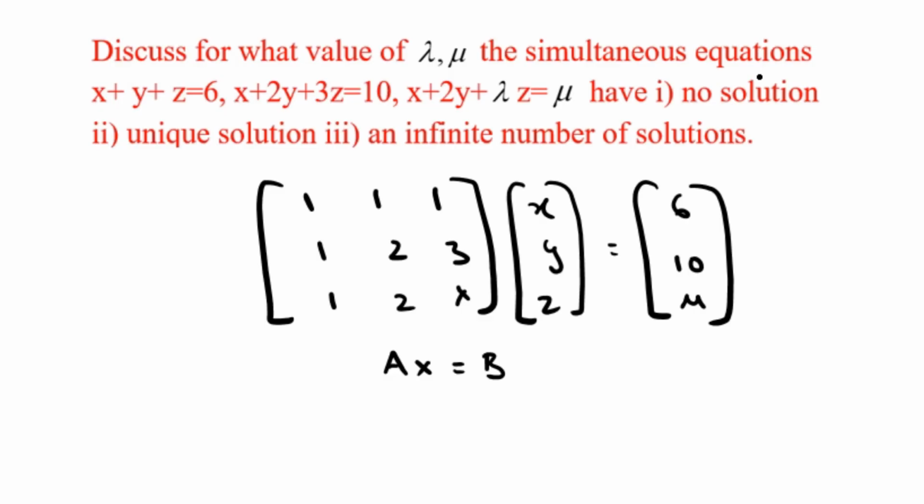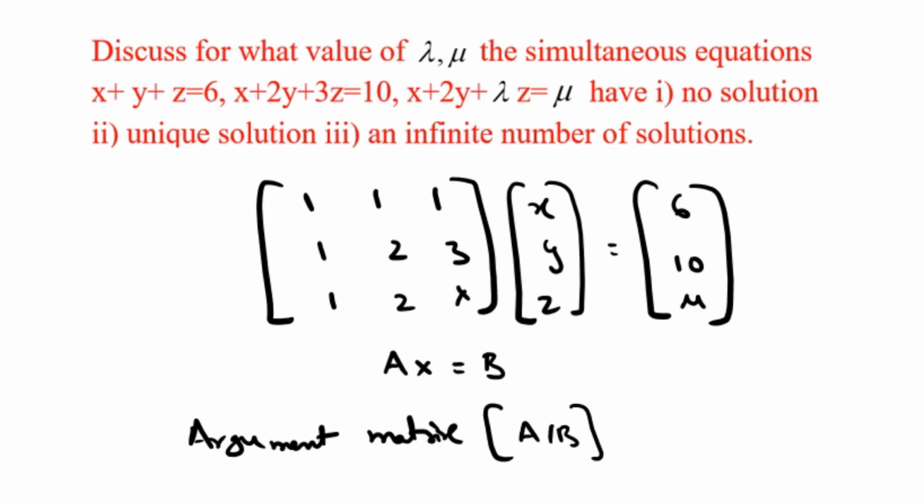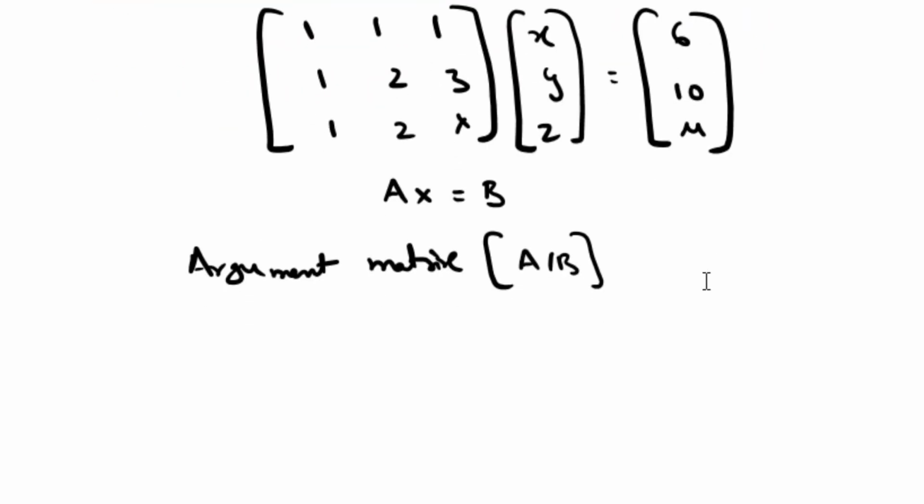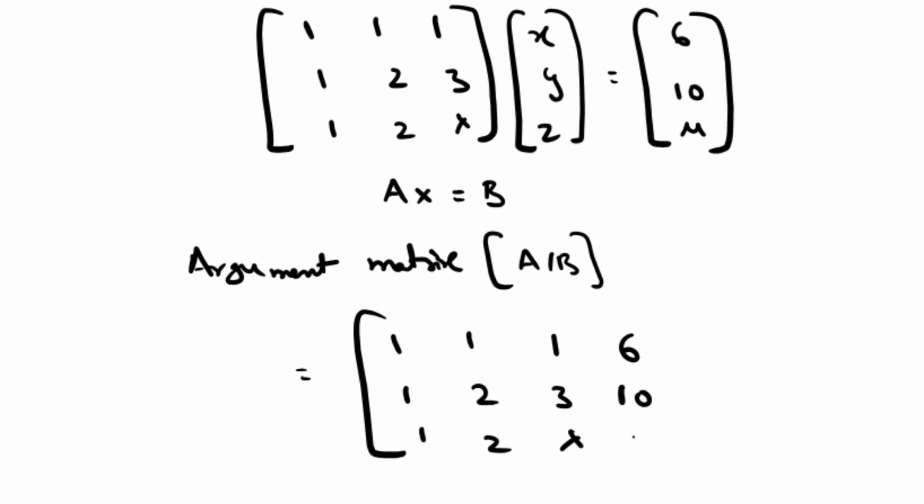Now writing the augmented matrix, you can write the augmented matrix equals [1 1 1 6; 1 2 3 10; 1 2 lambda mu].